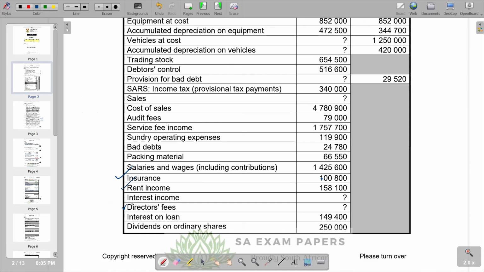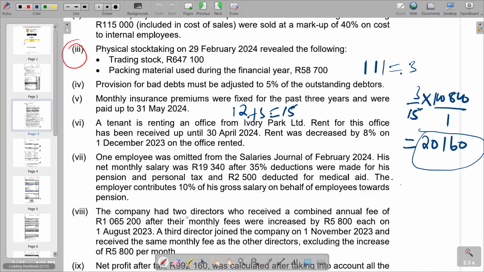So we check in terms of our director's fees. It means we need to find them, as you are given them as a question mark. So for director's fees, we go to additional information to see what they are saying about director's fees.